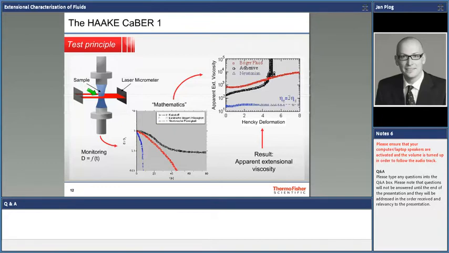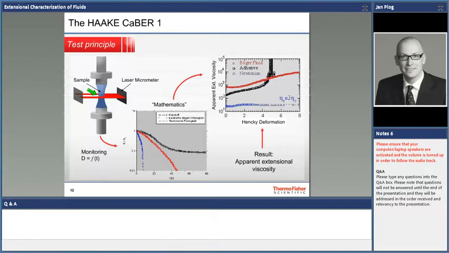Some part of that force will be carried by surface tension, some part will be carried by the viscous behavior of the sample, and then at one point or another, when you have non-Newtonian fluids, it will be carried by the structure, and this is when the magic happens, something I'm going to show you in a second.